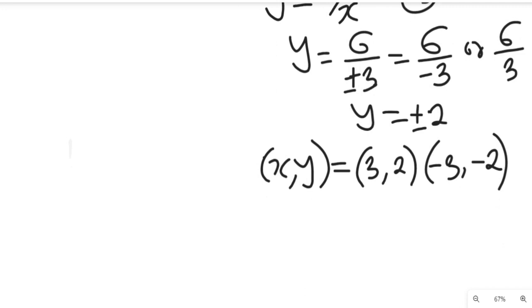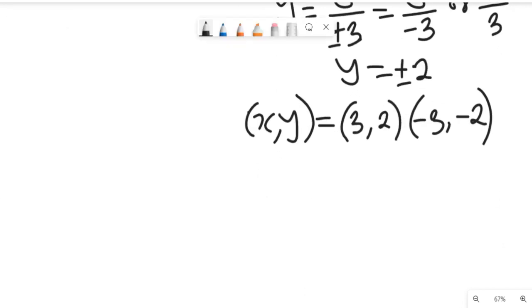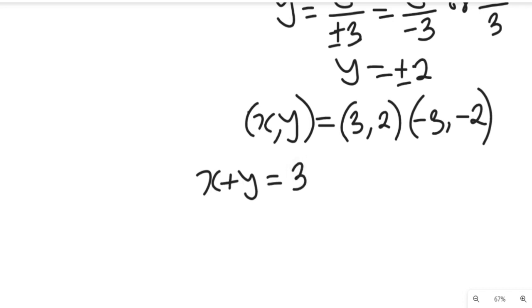So we're going to have x plus y giving us two values, which are 3 plus 2, or -3 minus 2.